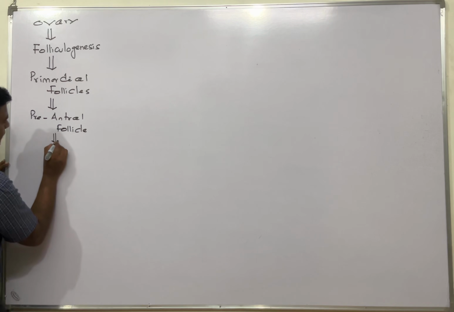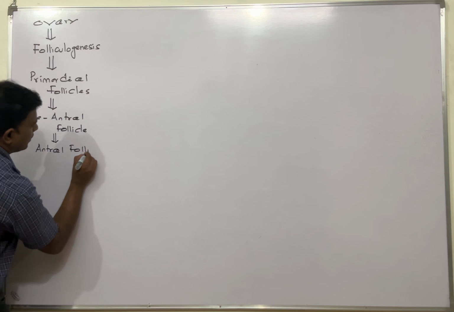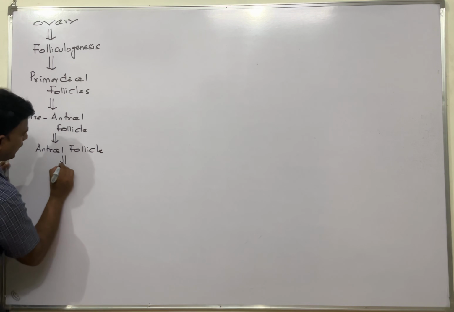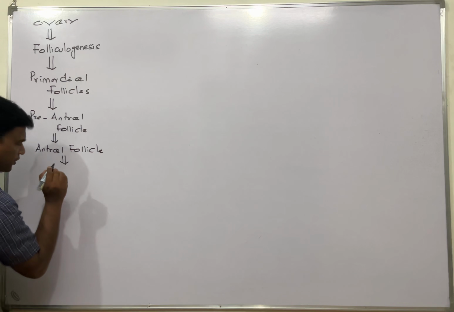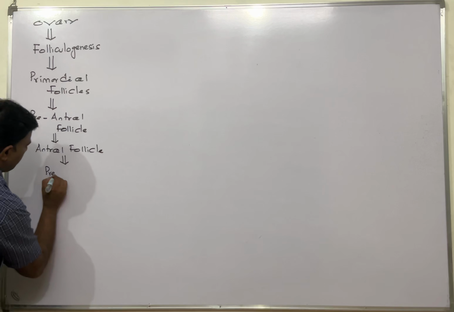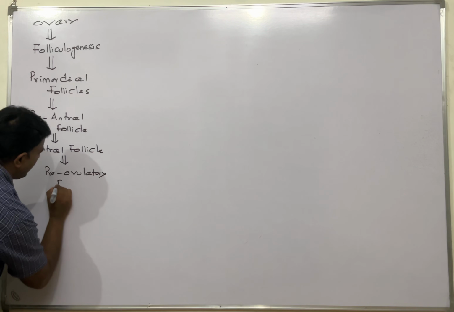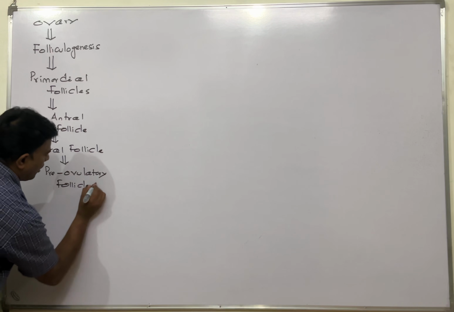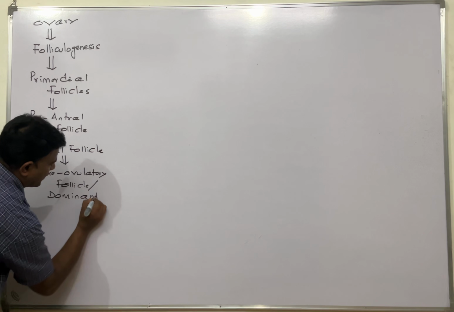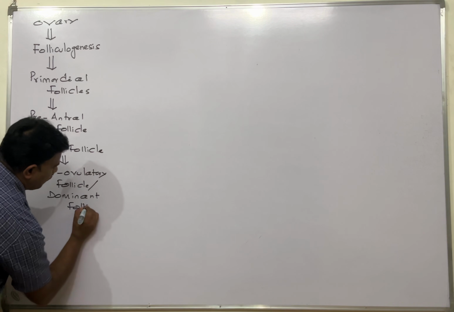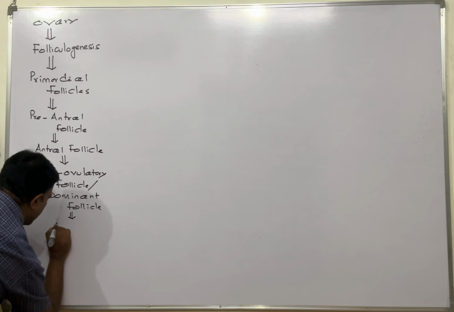Pre-antral follicle, antral follicle, and this antral follicle, after the process of dominance, forms a very important term, that is a pre-ovulatory follicle, or I can say it as a dominant follicle, or what you know as the Graafian follicle.